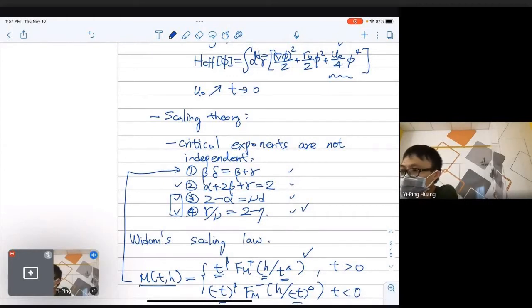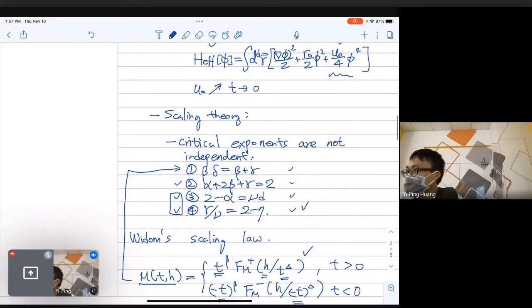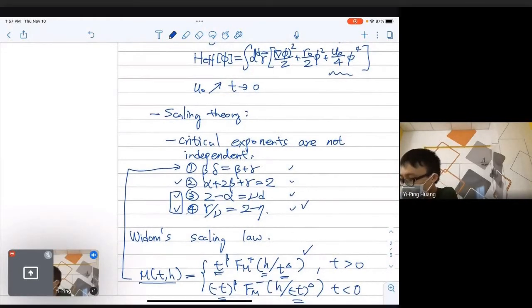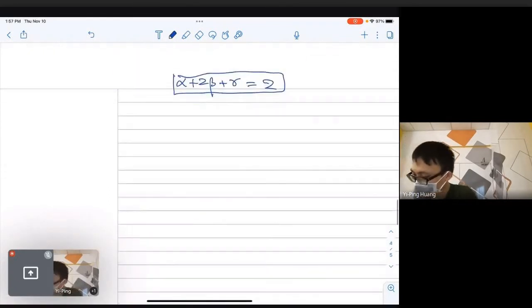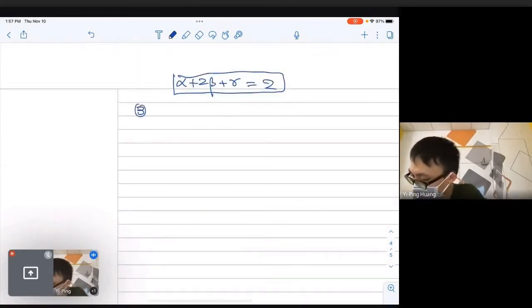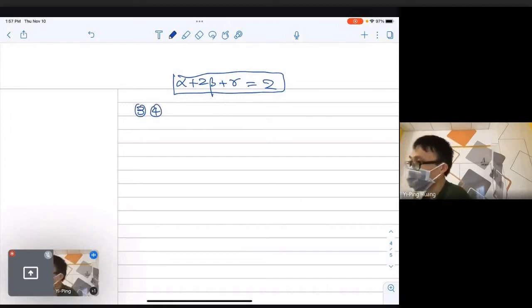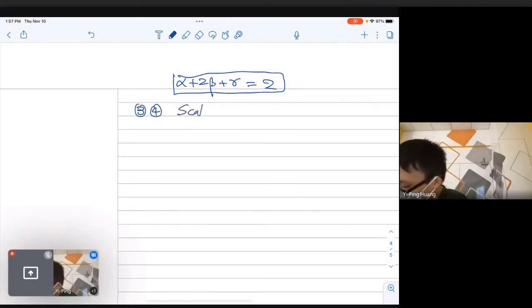But the important point that I want to make is that when we are arguing the form of 3 and 4, basically we are trying to construct the scaling hypothesis based on dimensional analysis.